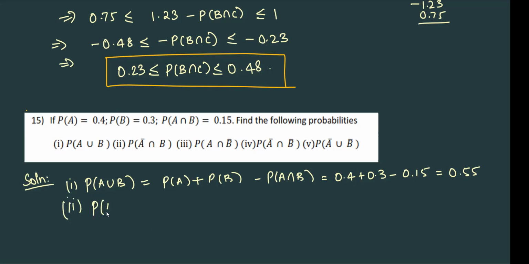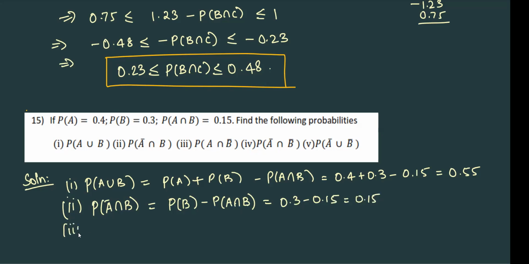Second, P of A bar intersection B. This is not A, but B. So this is B, but not A. So P of B minus P of A intersection B. So this will be 0.3 minus 0.15, which is 0.15.